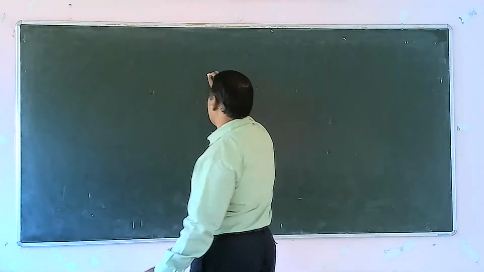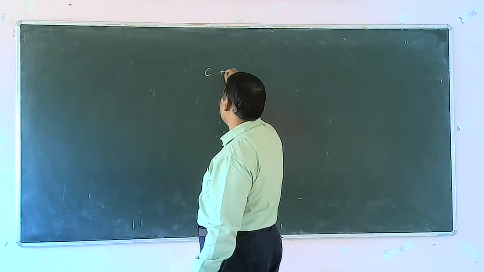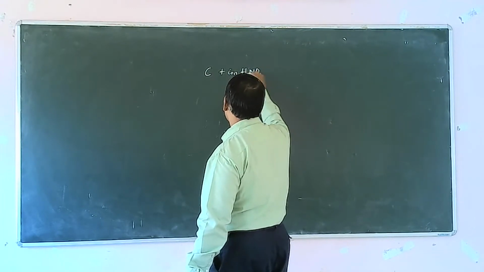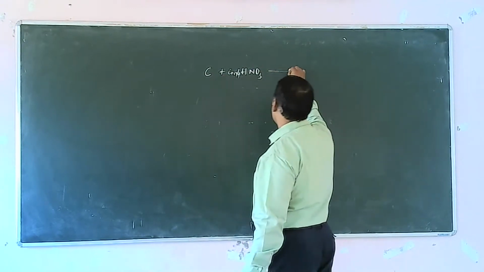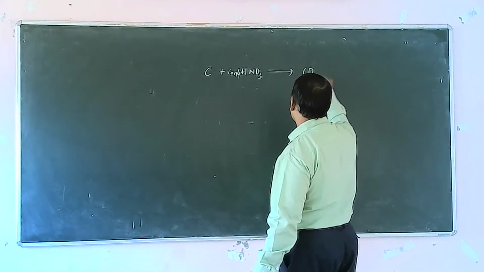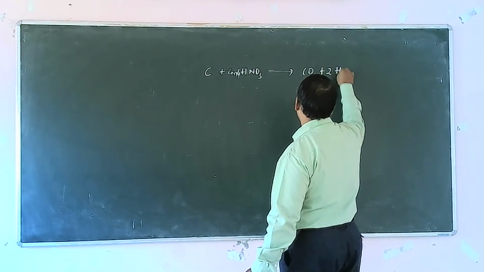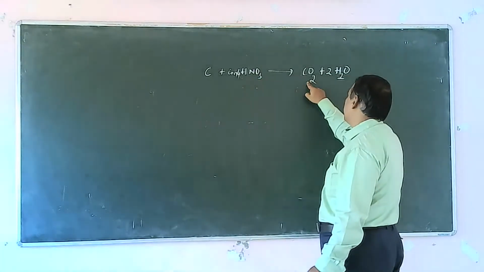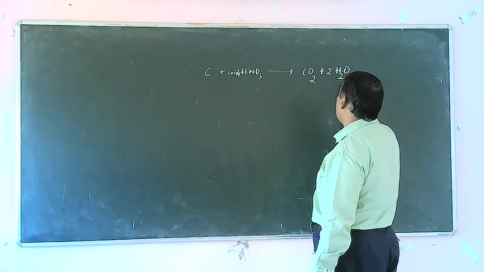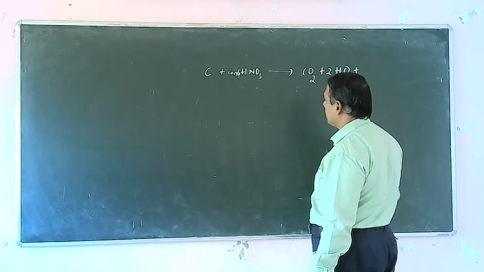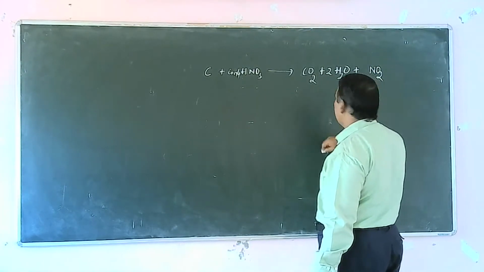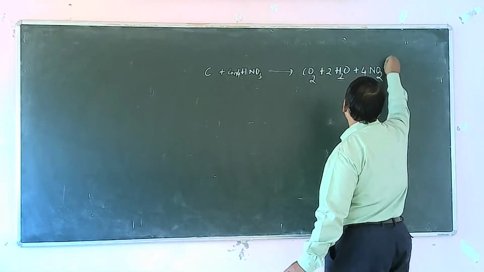Take for example, it reacts with carbon, concentrated HNO3, which is 4 times. So you will get carbon dioxide gas plus water molecule. Balance this: here 2 carbon, 2 oxygen atoms, and here 2 plus you will get NO2 gas.